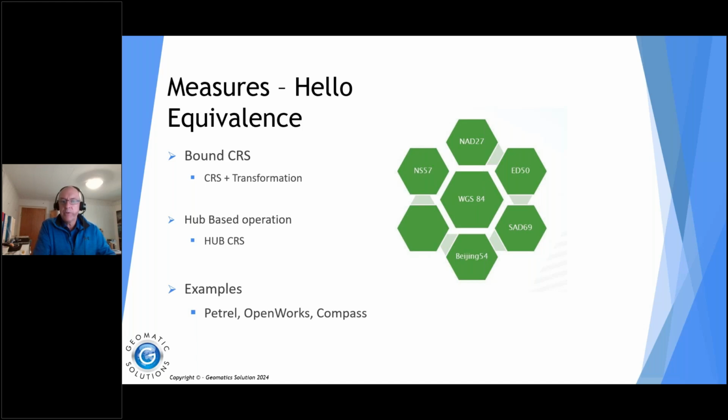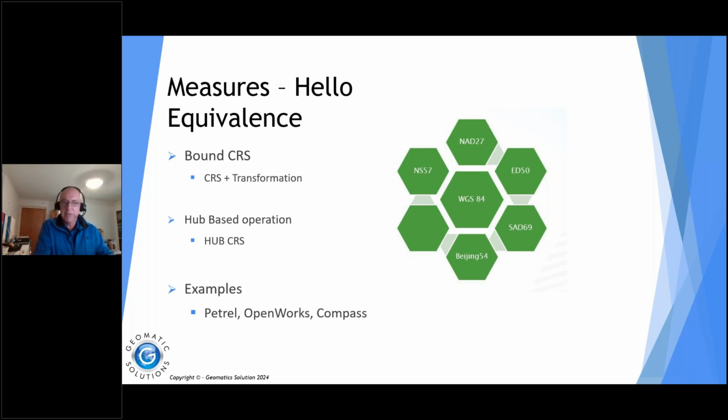And we then say that all these applications deal with equivalence on WGS84, meaning that if you have a point on North Sahara 57 or SAD 69 or, as we see here, Beijing 54 with a projection, and you believe it's exactly the same point as another point in ED50, for instance, you transform both of these to WGS84 and then compare them on WGS84.